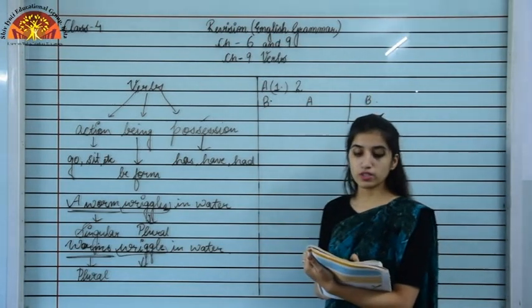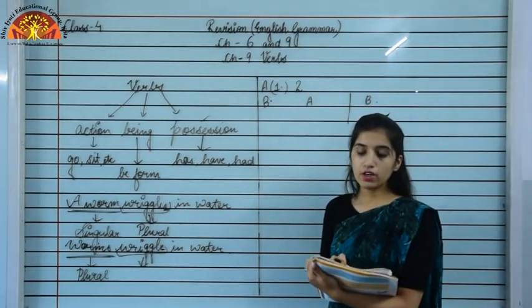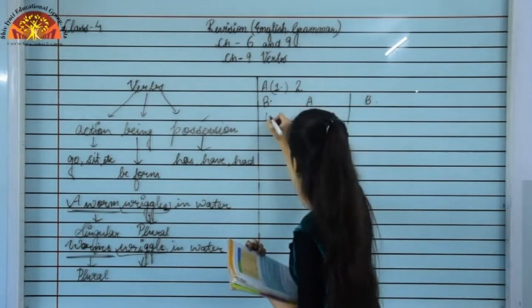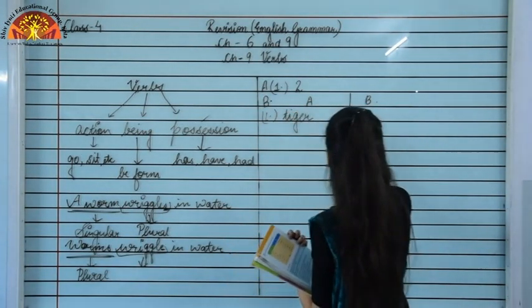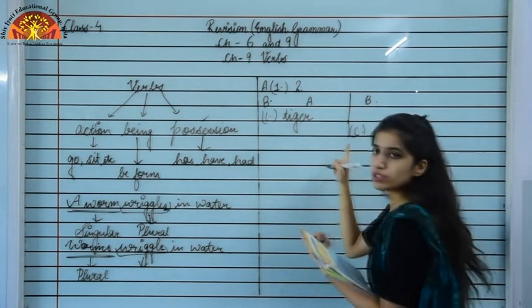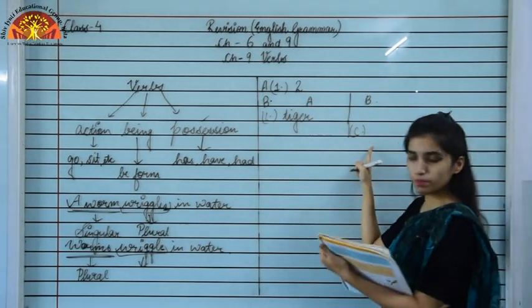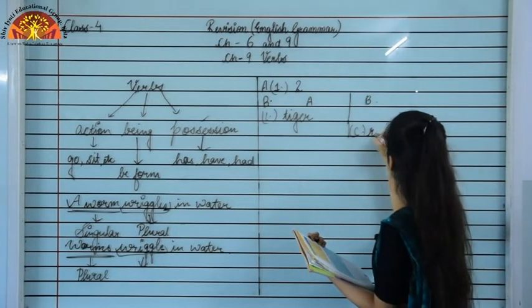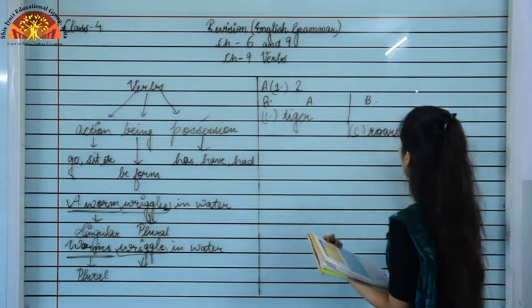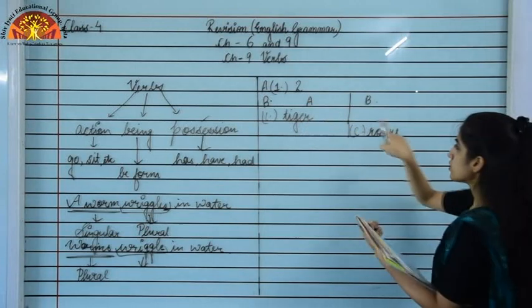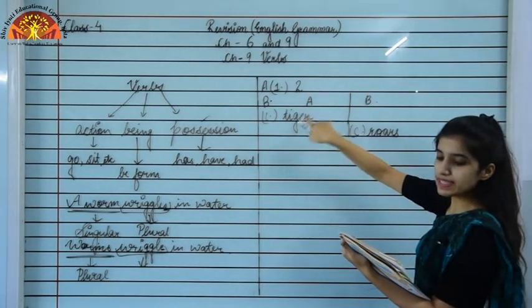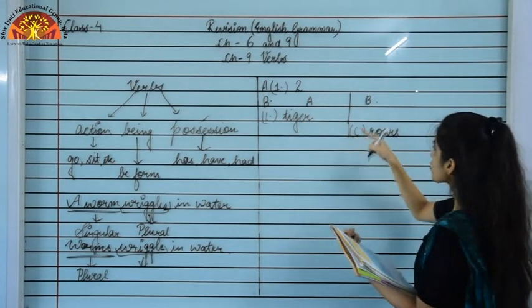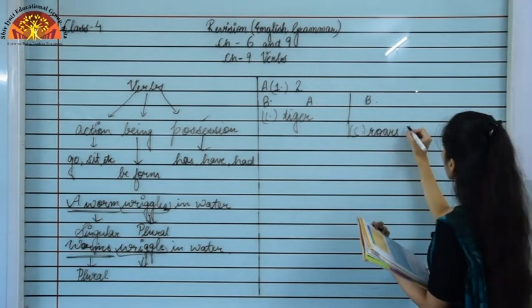The first option given to us is tiger, and the C option you can find here in column B is roars. So tiger roars. It is the action done by this subject, that is the animal tiger. So we will write first over here.